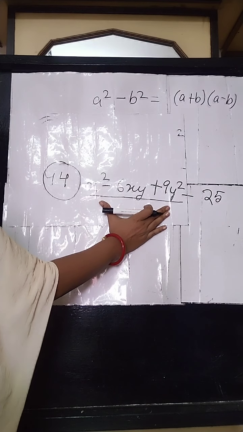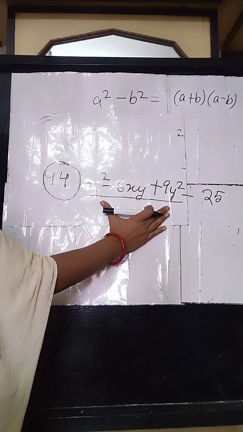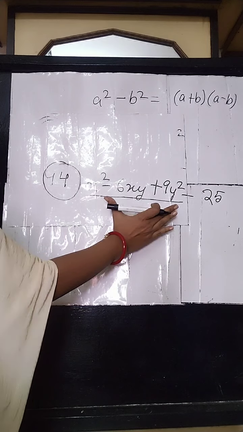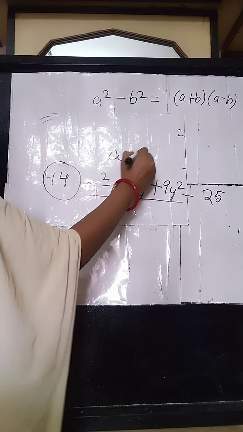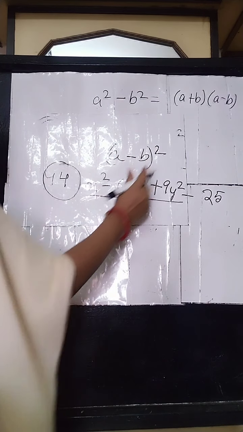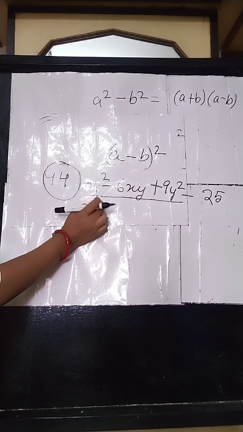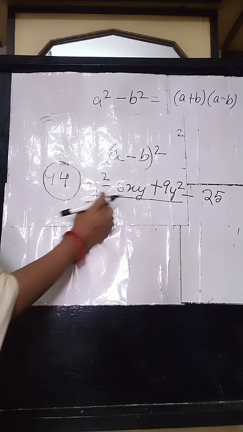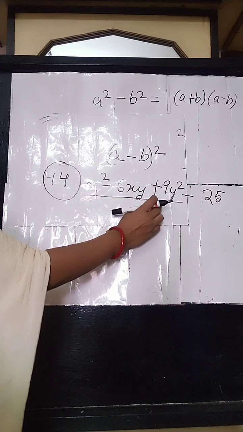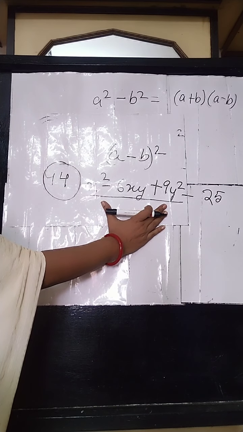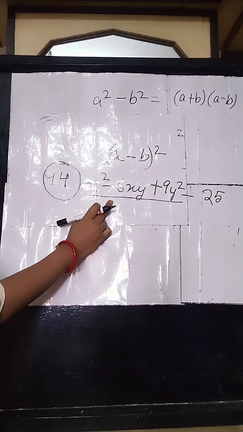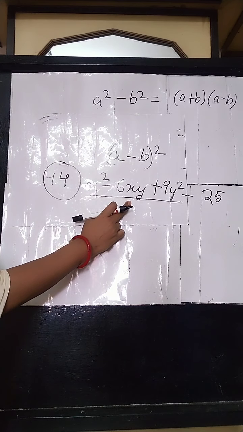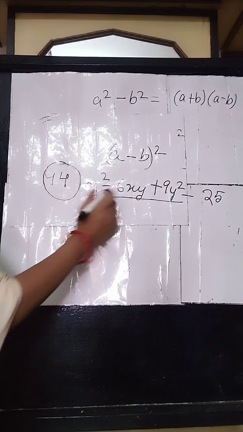Here we will try to apply the formula of a minus b whole square, because if this is considered as the first term a and this is considered as the second term b, then we can easily relate it with a minus b whole square, which is equal to a square minus 2 into a into b plus b square.